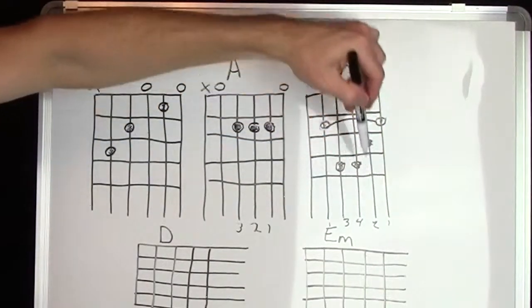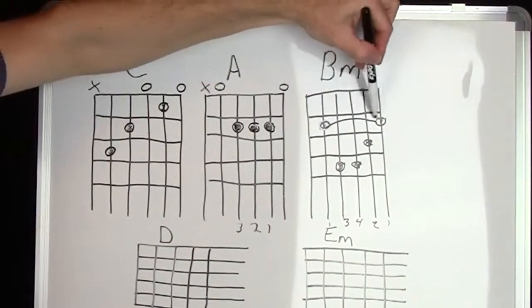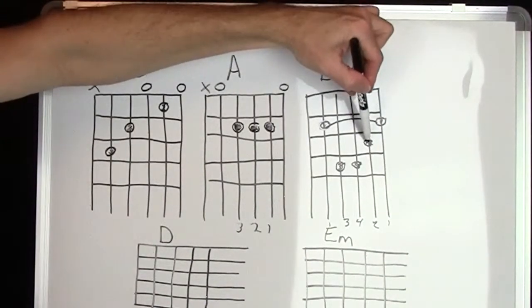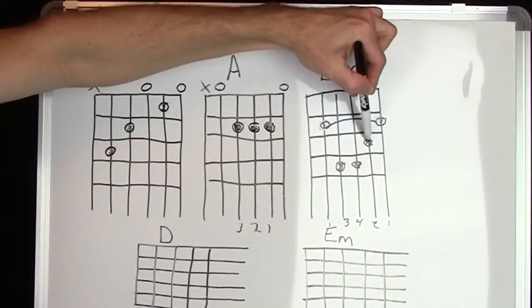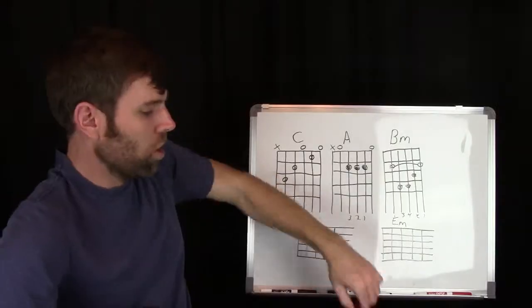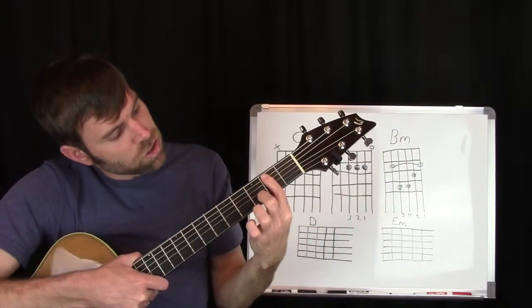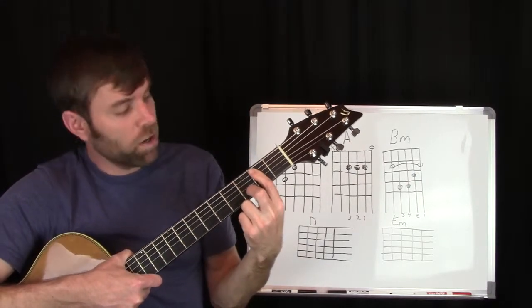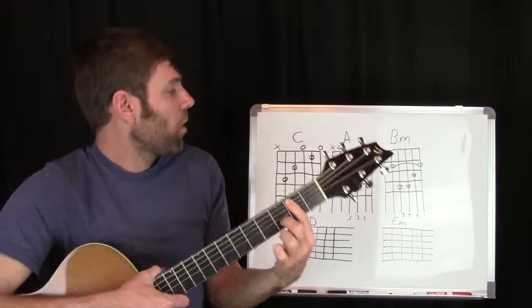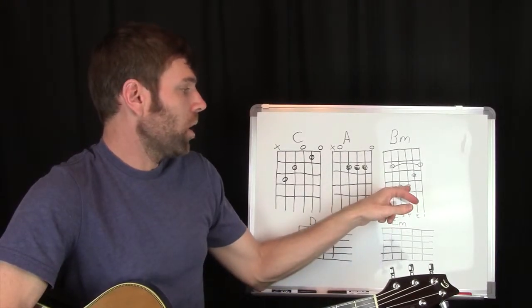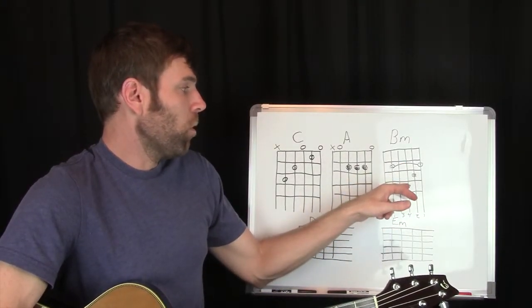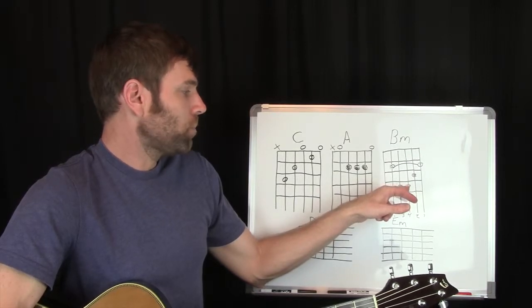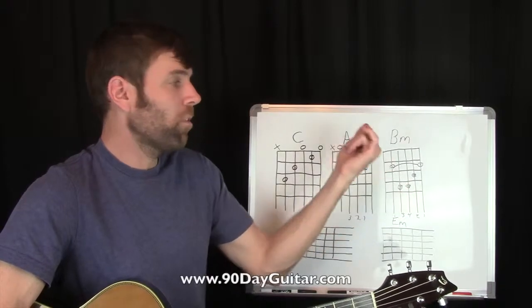These are the fingers we're going to use. First finger goes all the way across. Our middle finger, second finger, is on the 2nd string, 3rd fret. And then on the 3rd string, 4th fret, we have our pinky, which is our 4th finger.